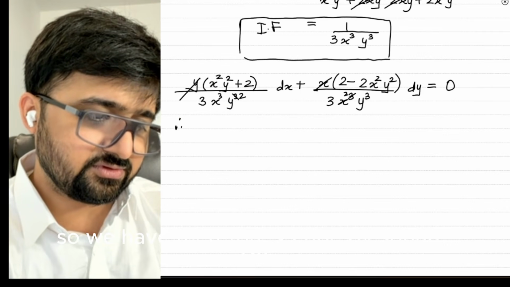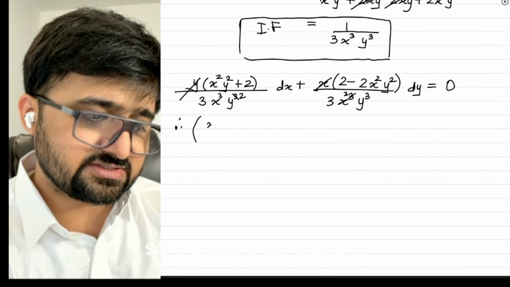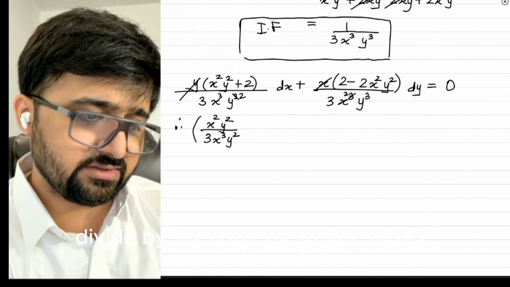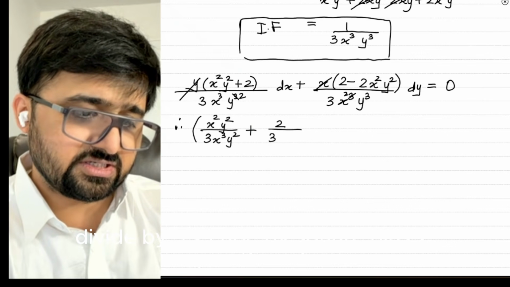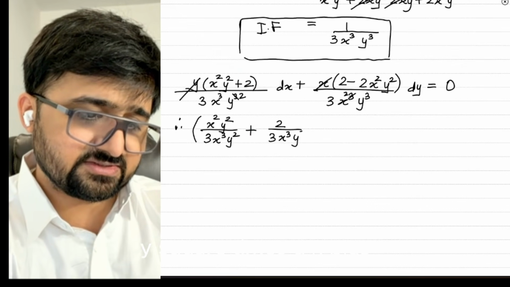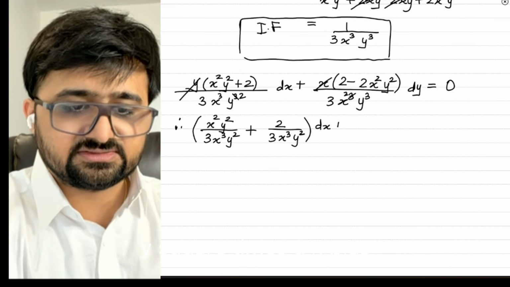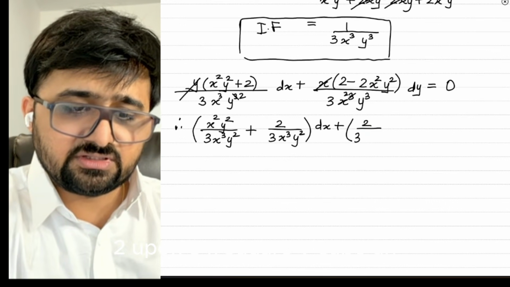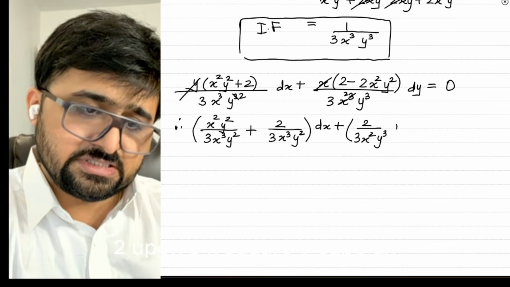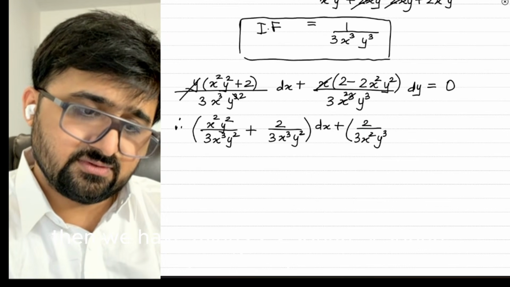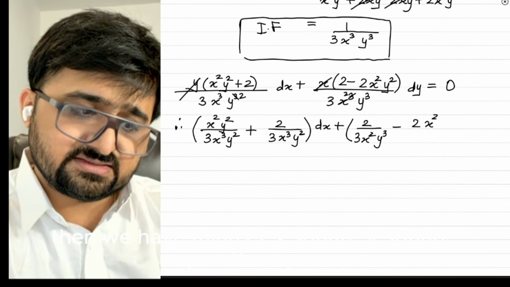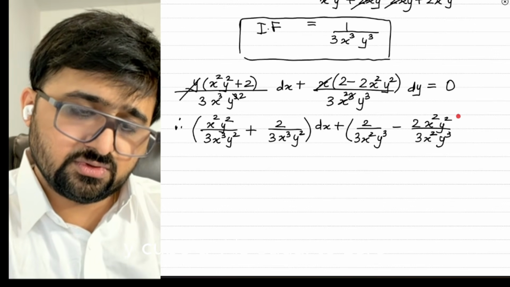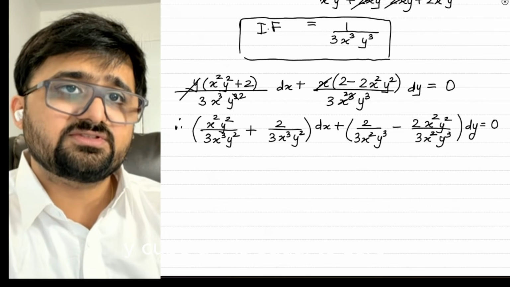So we have x²y² divided by 3x³y² plus 2 upon 3x³y² times dx, plus, splitting this 3x²y³ over here, 2 upon 3x²y³, then we have minus 2x²y² upon 3x²y³ dy is equal to 0.